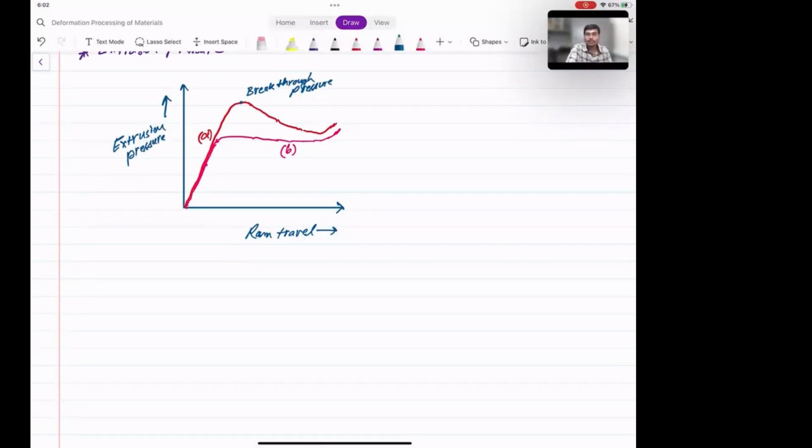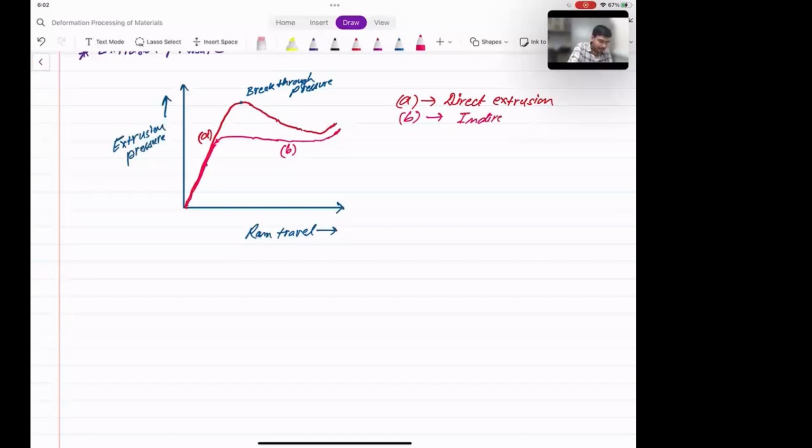The material will flow continuously under the uniform flow stress. Okay, so let me write first that A here is for direct extrusion, and B is for indirect extrusion.